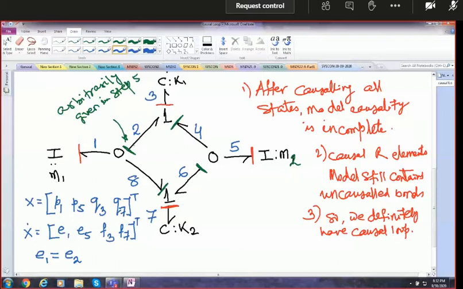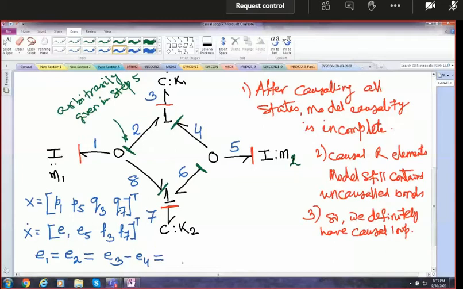E4 is in the opposite direction, E3 is in the same direction. So it will be E3. There we have to equate the flows at the one junction. So F3 is equal to F2, F4 is equal to F2, and E2 is equal to E3 minus E4. I am writing that equation only. I will write the other equations when the time comes.